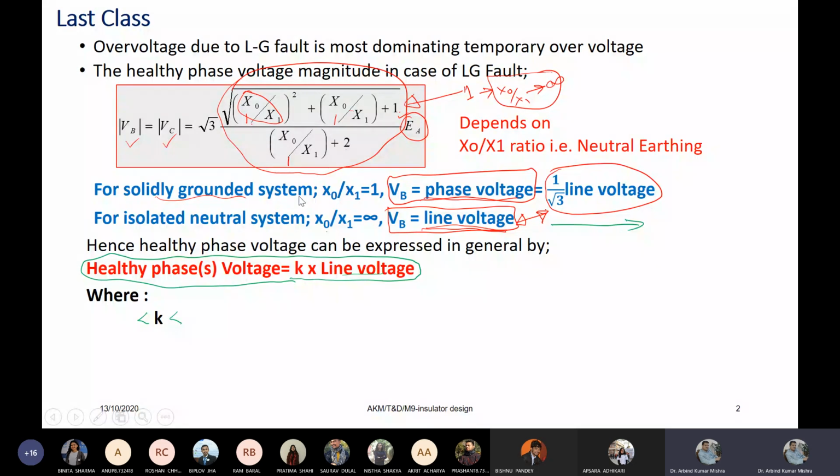All the other neutral conditions will be in between these two. So this K will vary from 1 by root 3 to 1.